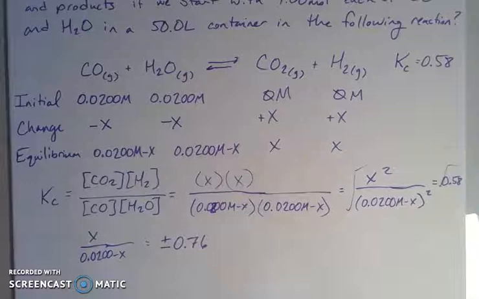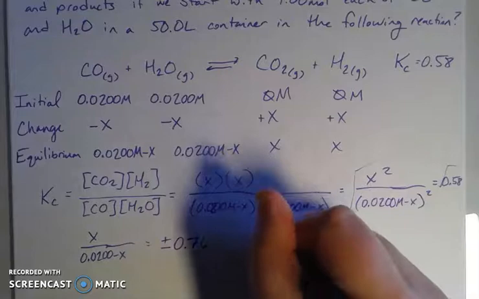Now this is the key to taking the square root of things. Remember, with square roots, we can have two negative things that we multiply together that give us a positive thing, or we can have two positive things that are multiplied together to give us a positive thing. So we have to take into account both options, and both of these options are possible. So now I need to solve this equation for x, whether it's positive 0.76 or negative 0.76.